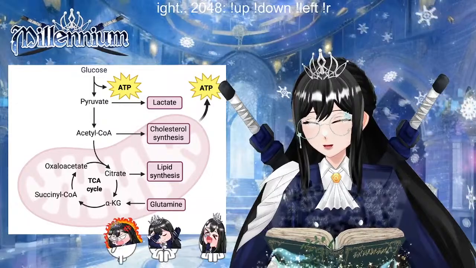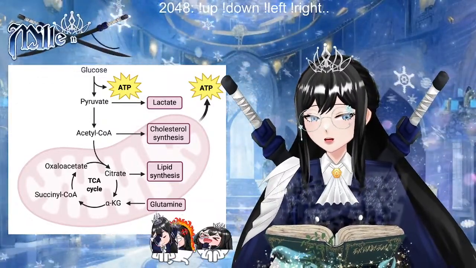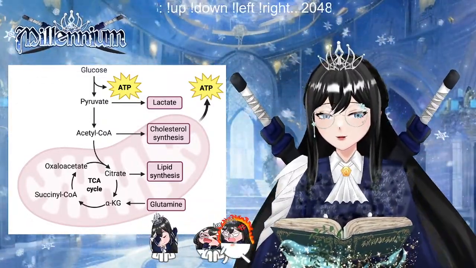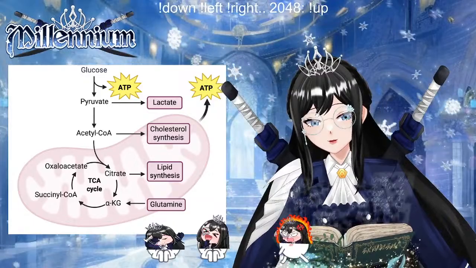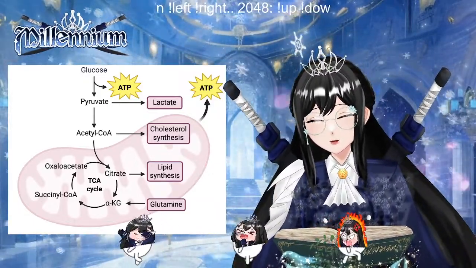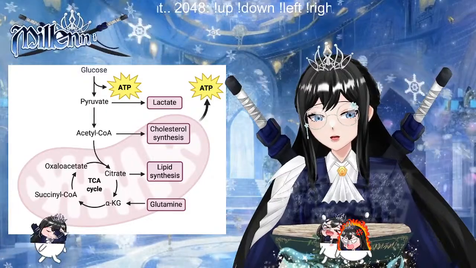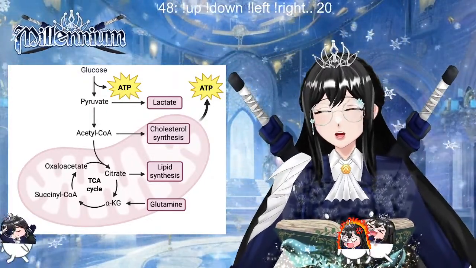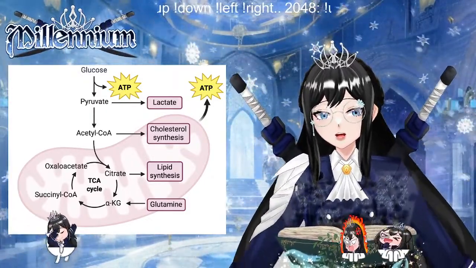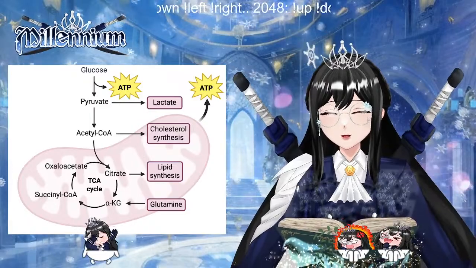Good job. So right now we are at the aldolase summary section. Aldolase would cleave fructose 1,6-bisphosphate into 3 carbon intermediates, the dihydroxyacetone phosphate, the DAP, and G3P.